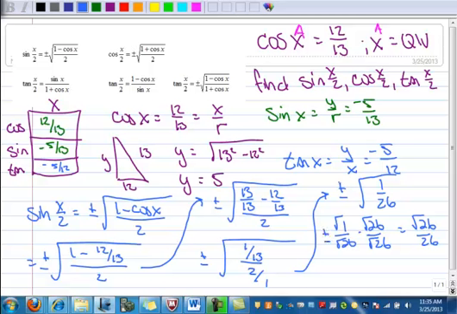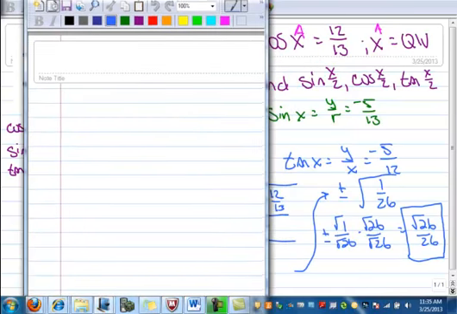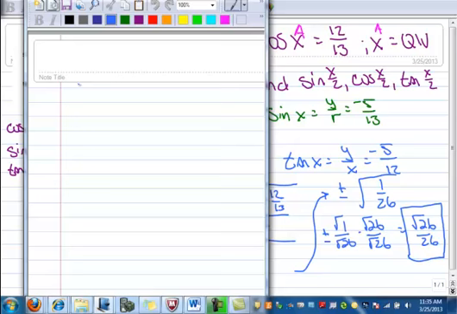Alright, so let's deal with that whole plus or minus. We know the actual value is the square root of 26 over 26, but we have to deal with the plus or minus. So this is how we do that. Let me pull up a new paper here.